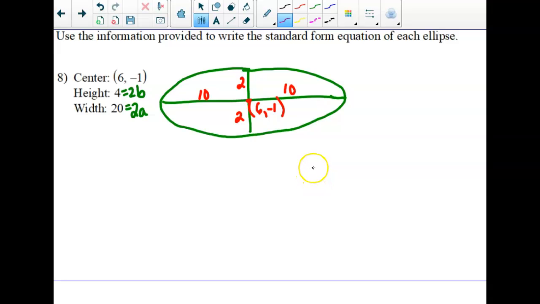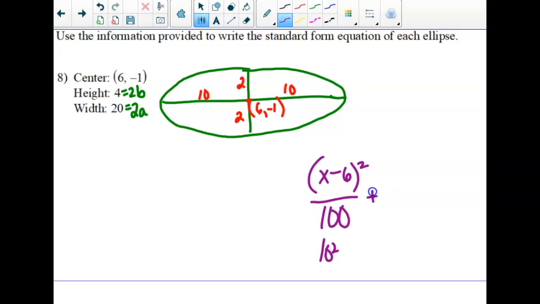All right, anybody start us out? Alexa? 4x minus 6 squared over 10. Oh. Or it has to be squared at the bottom, so that'd be 100. Good job. 10 squared or 100 down here.